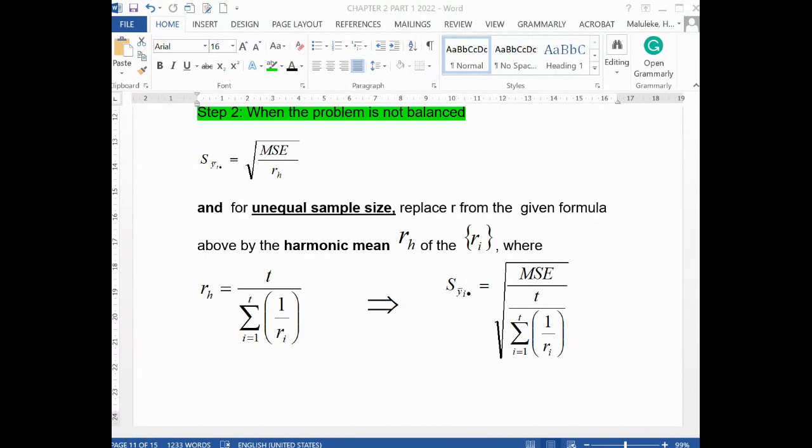Candy, it seems like you wanted to say something. Candy, can I get your message first? Oh, sir, Candy was asking what the formula for SST for unbalanced was. I gave you, right?